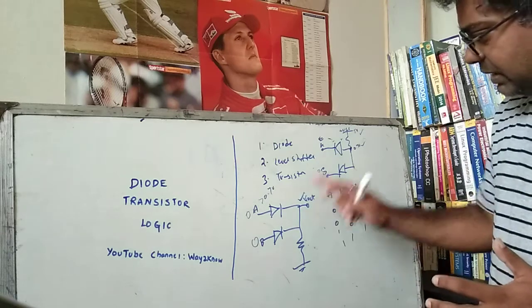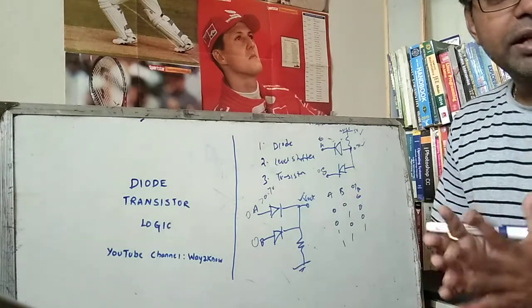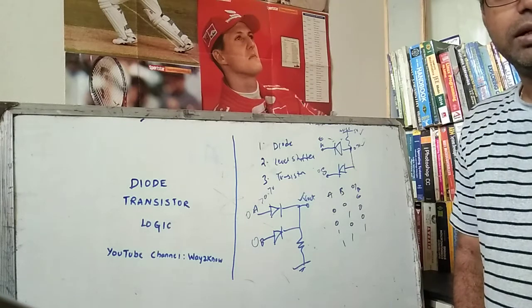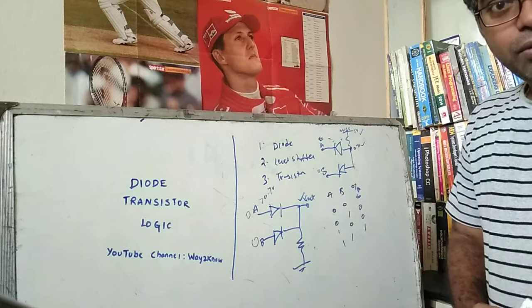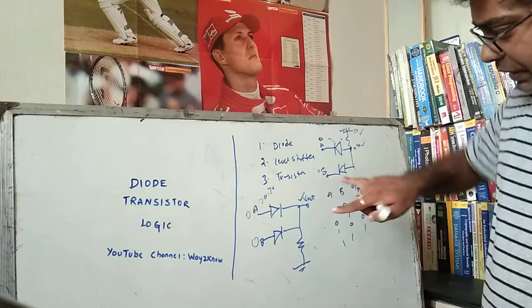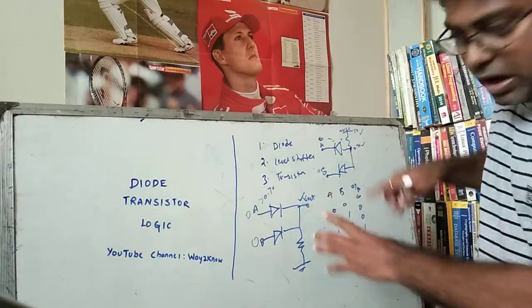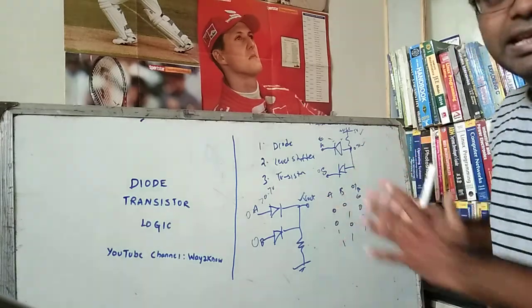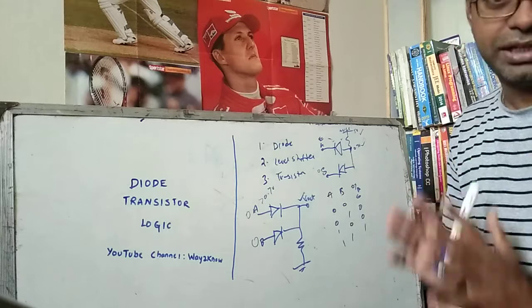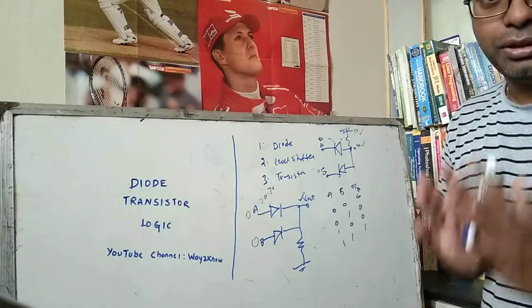These are the simple input diode configurations which are used in a diode transistor logic. One more small point is that the OR gate or the AND gate functionality which we are seeing here is basically the major input section of the diode transistor logic.